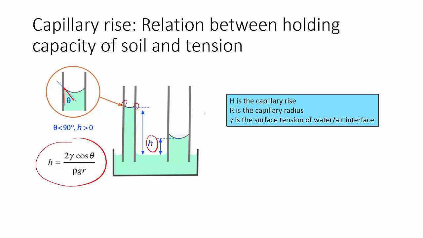So H is the capillary rise, R is the capillary radius, in this case this radius, and gamma is the surface tension of the water-air interface. So you can get this capillary rise under different conditions of density, and g is the acceleration of gravity, and for different radii.